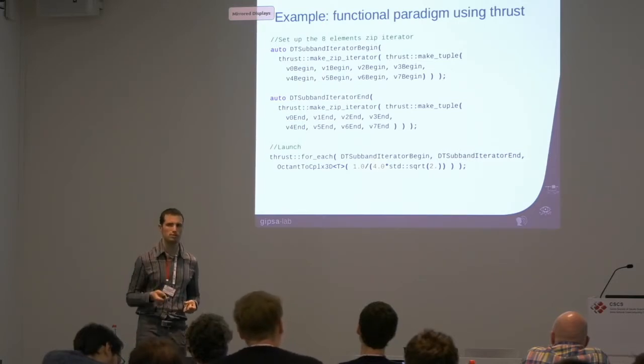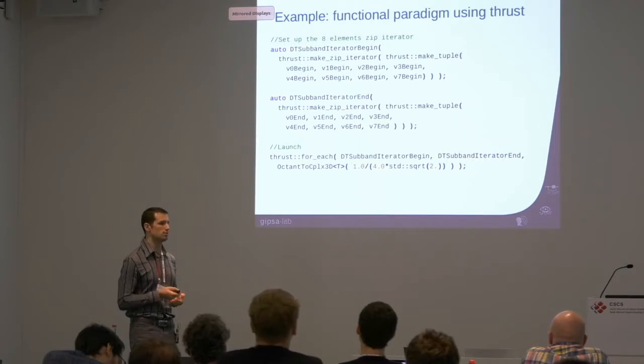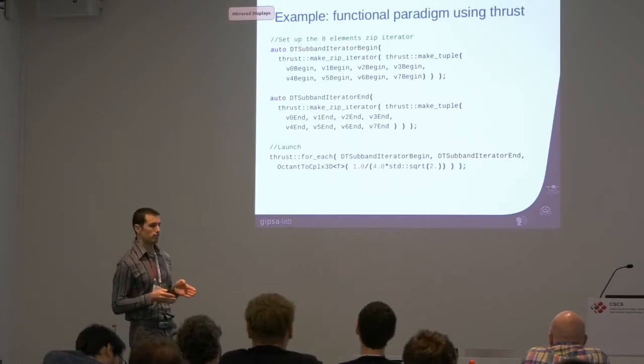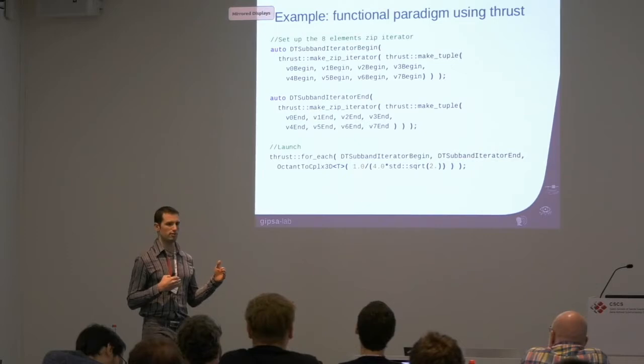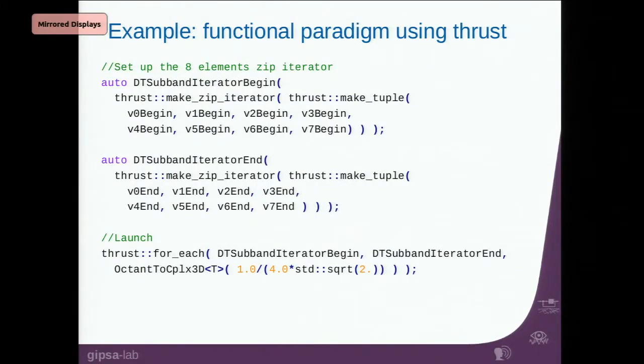Mr. Messner yesterday told about that and said that it was interesting for coalescing memory accesses. But how do you generate a structure of arrays when you actually have arrays that are at completely different locations in your memory? You can do that by zipping individual iterators into a zip iterator.